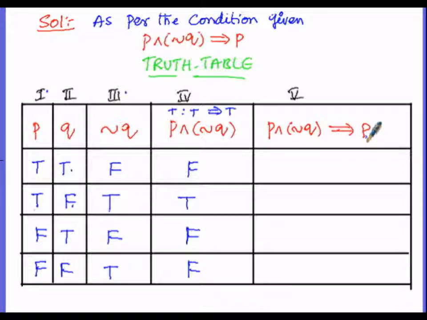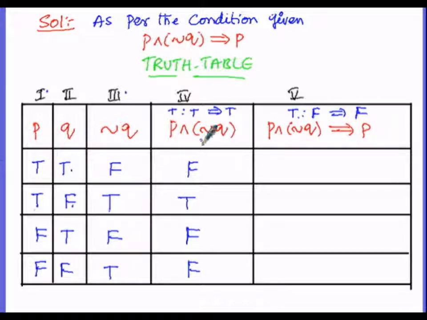In order to find out the implication of this statement, that is P and negation Q implies P, as per the implication or the conditional, a true statement does not imply a false statement. That is, if the first statement is true, it does not imply the false statement. So a true statement does not imply a false statement, meaning TF will be F. Then P and negation Q is column number 4, and P is column number 1.